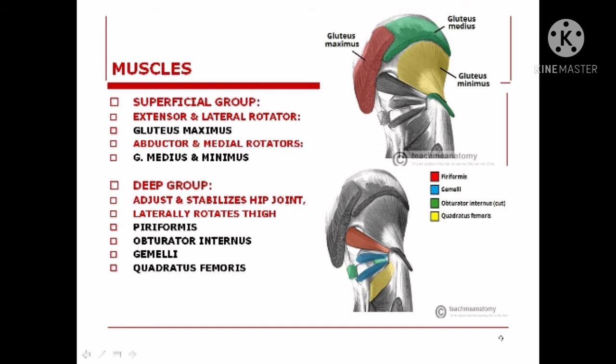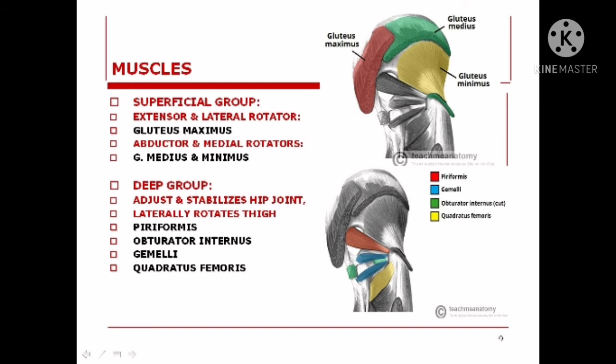These are called glutei, and number-wise these are the gluteus maximus, gluteus medius, and the gluteus minimus. The gluteus maximus is the extensor and the lateral rotator of the hip joint, and the gluteus medius and the gluteus minimus are abductors and medial rotators.